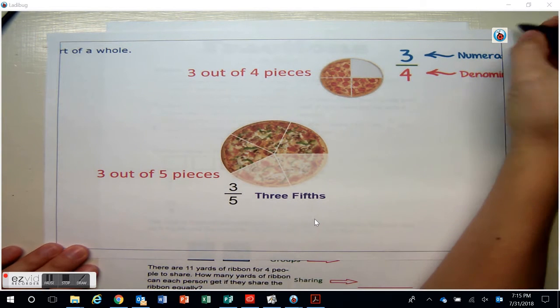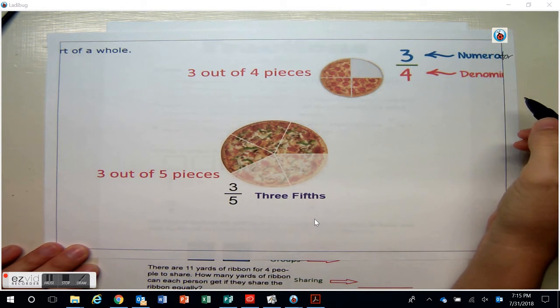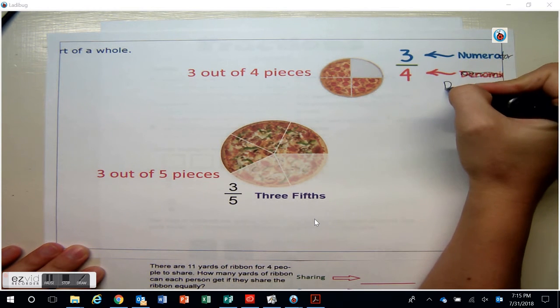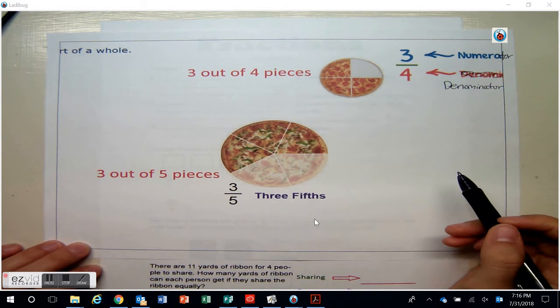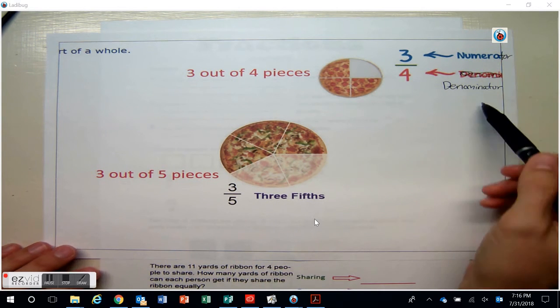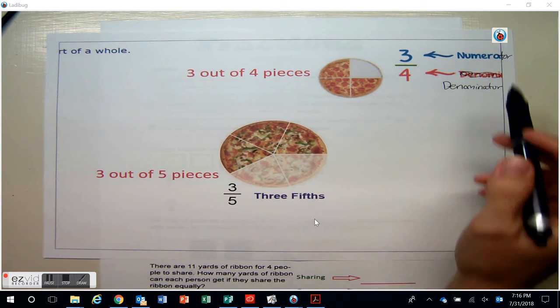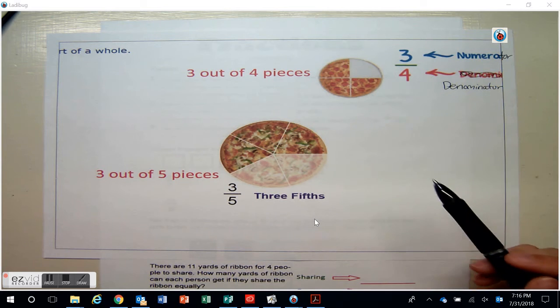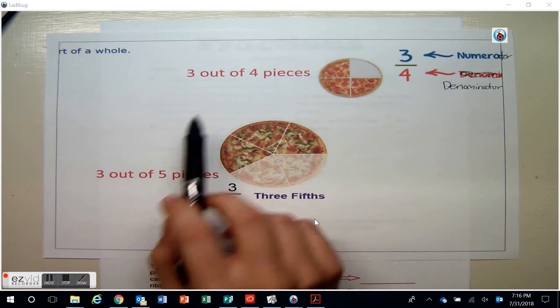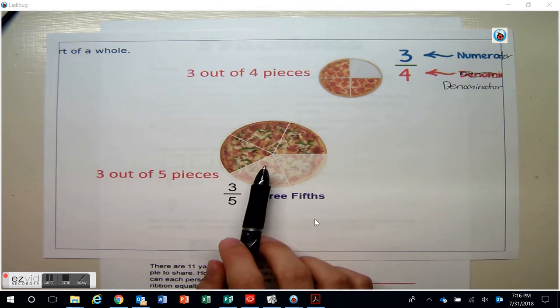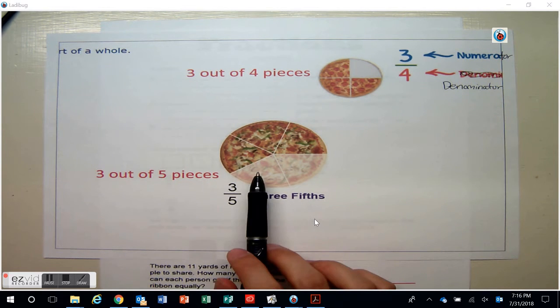The first way that we're going to look at fractions is the typical way of looking at it. Here is the fraction 3/4. If I had a pizza, 3 out of 4 pieces would be that fraction. Here's again a pizza, 5 pieces to make one whole pizza, but I only have 3 out of the 5 pieces.